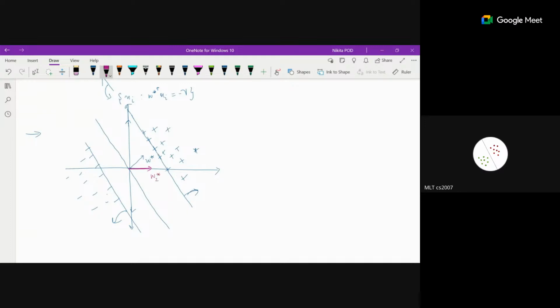Then this will be my plane that separates my data set. Anything on this side would be classified as +1, anything on this side as -1, and the gamma margin would be this.